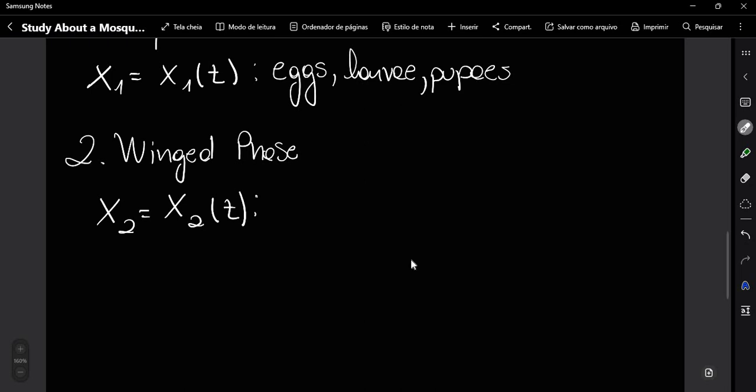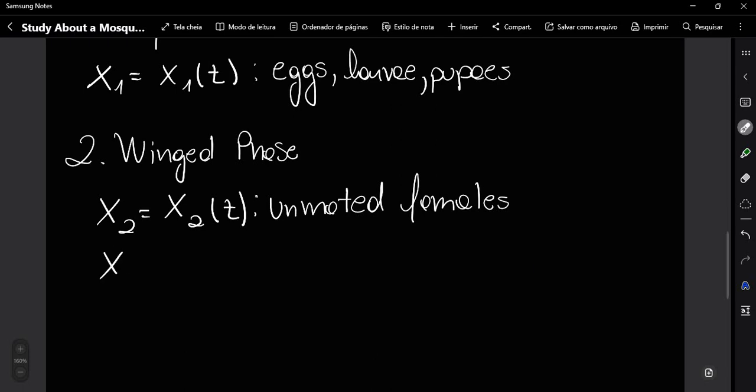And this variable x2 is for the unmated females. So it is the density of individuals of the mosquito population of unmated females.